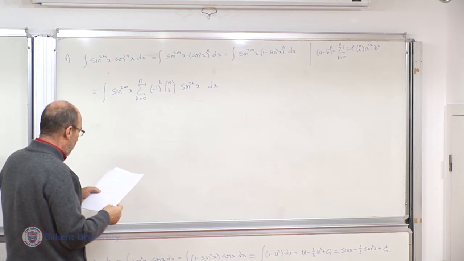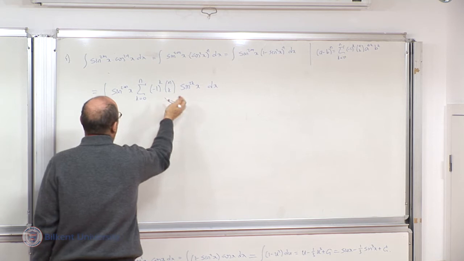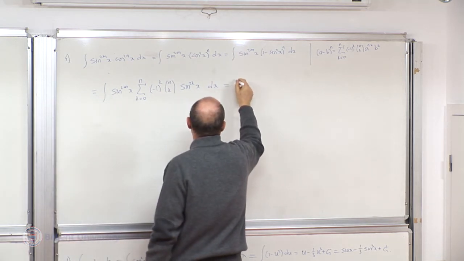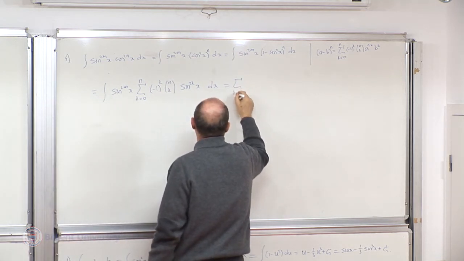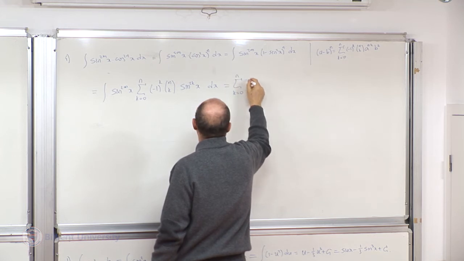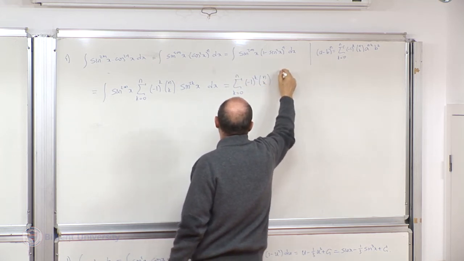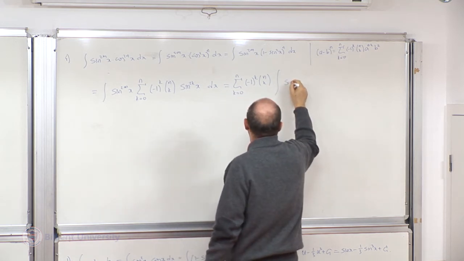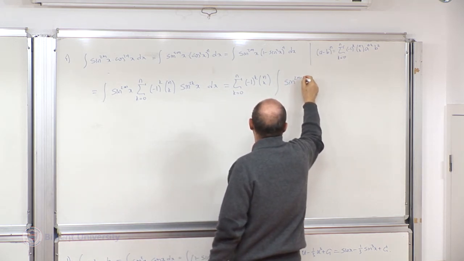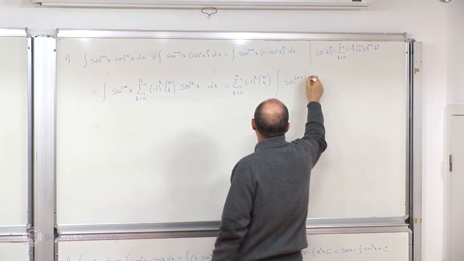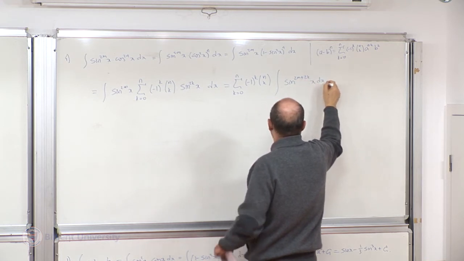So we take all of this out. Summation k equals 0 to n of (-1)^k, n choose k, integral sine^(2m+2k) x dx.